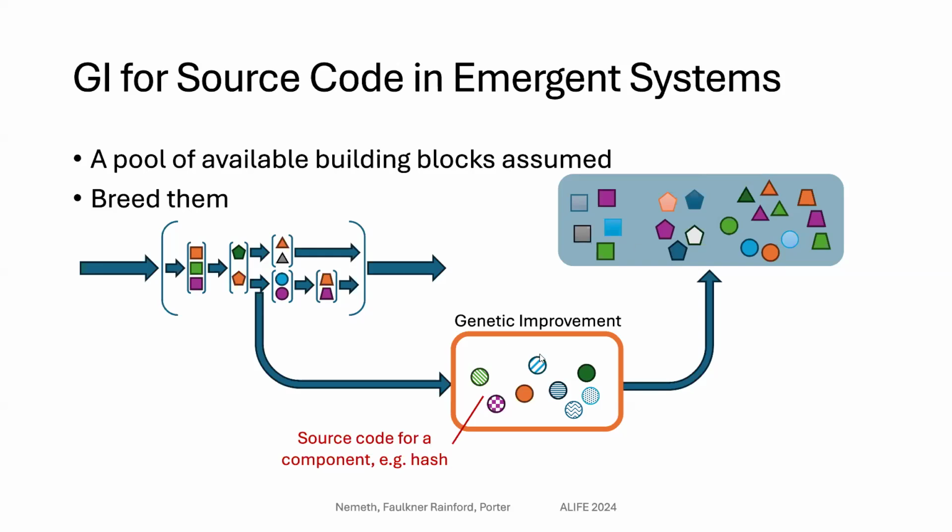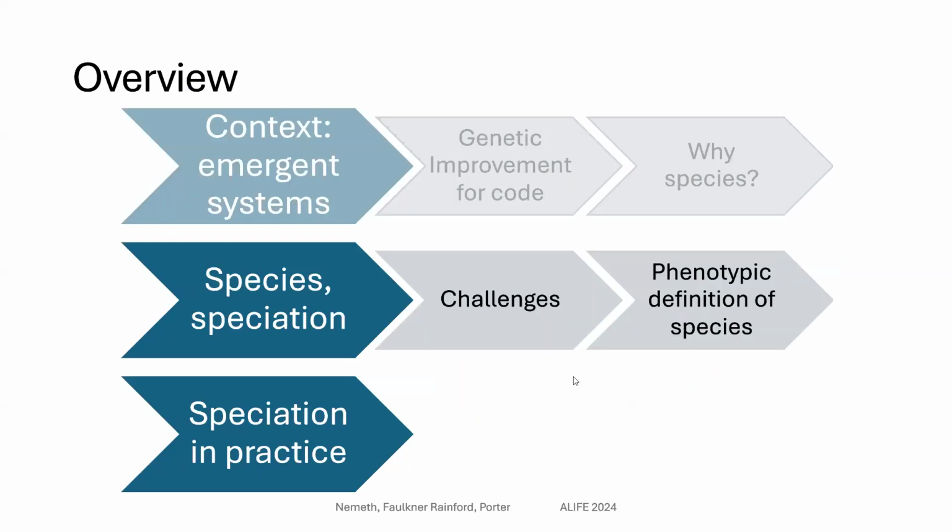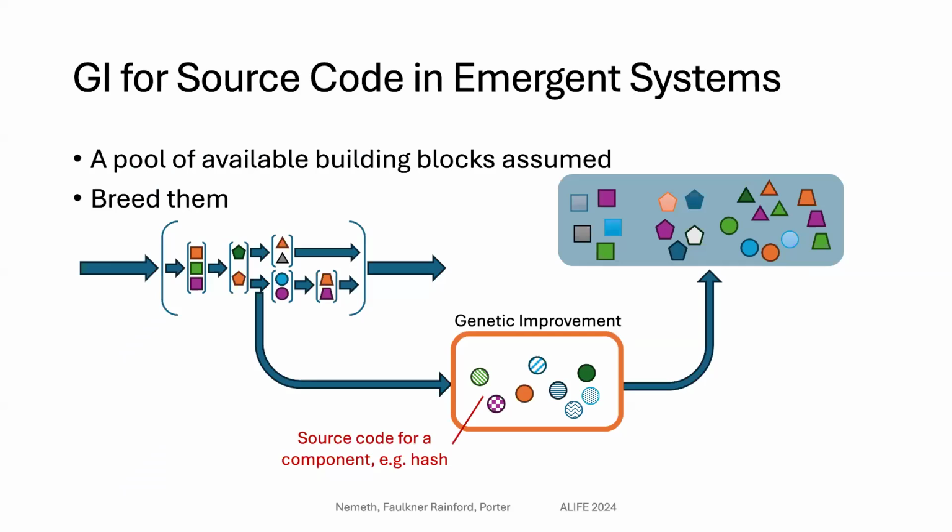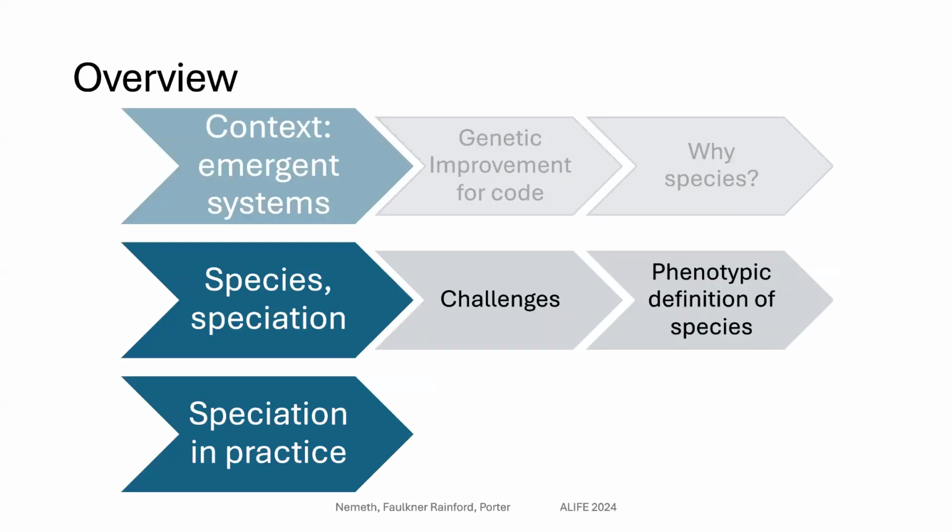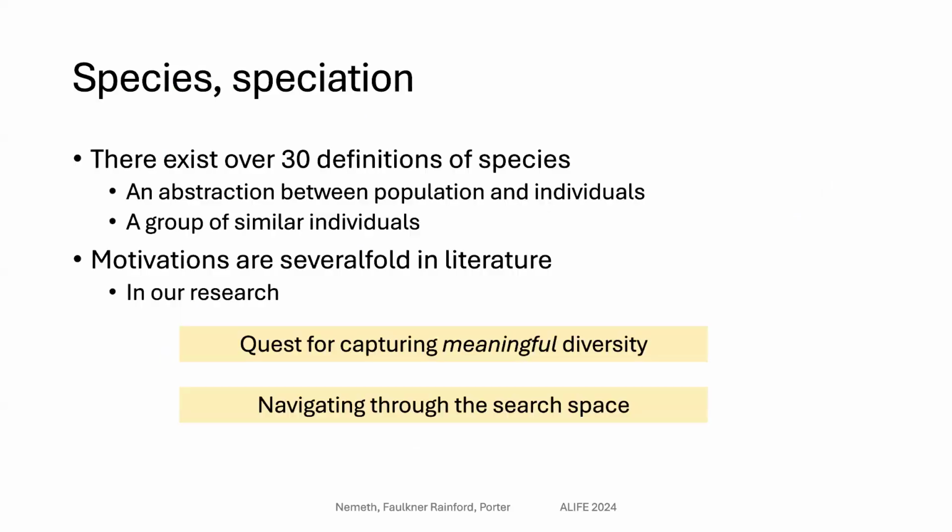The other point is that the search space in this type of genetic improvement is extremely vast and rugged. Therefore, we need some waypoints to navigate our search in the search space. So we have an idea why we need species.